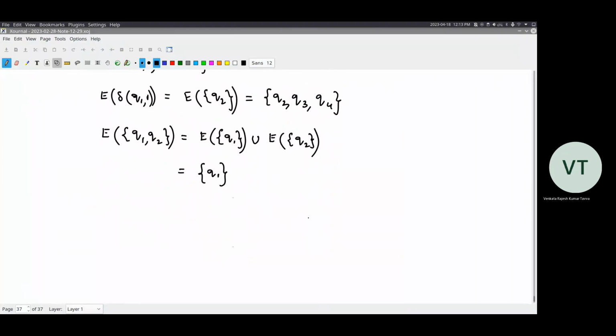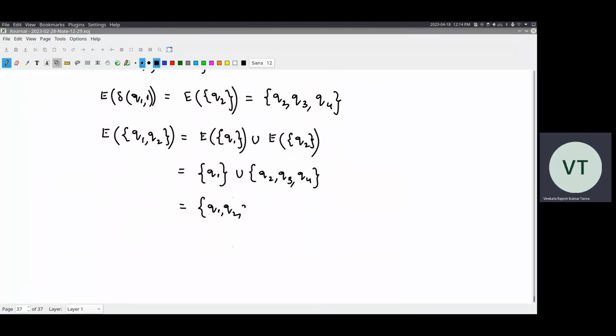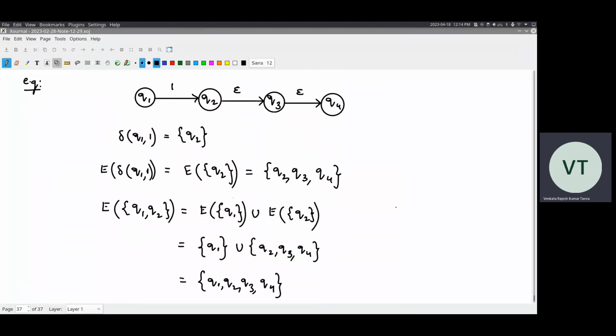Okay. Union. What is this? E of Q2, Q3, Q4. So that is nothing but Q1, Q2, Q3, Q4.